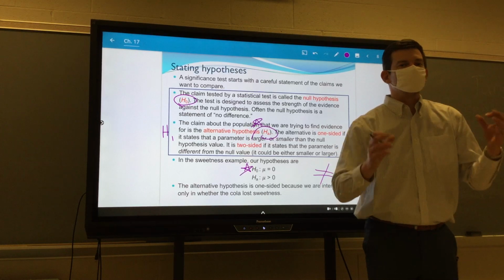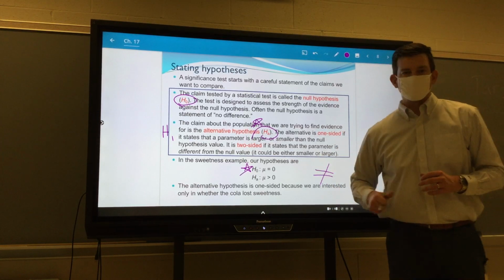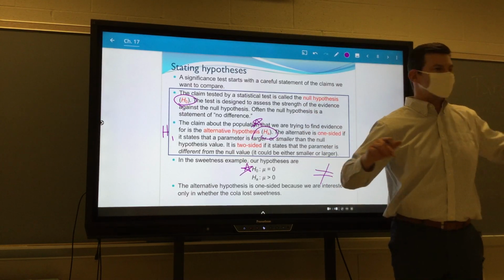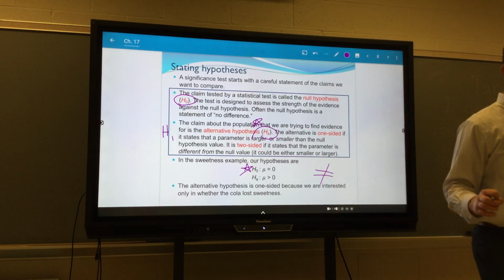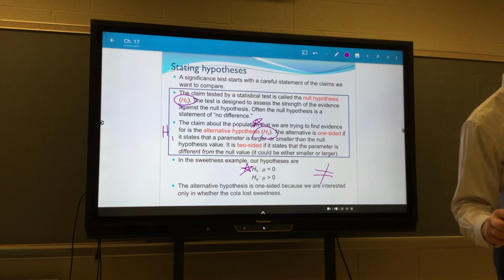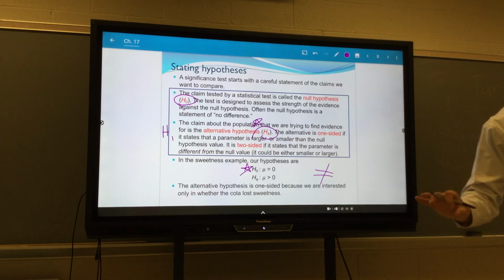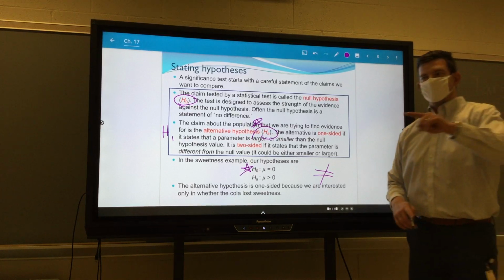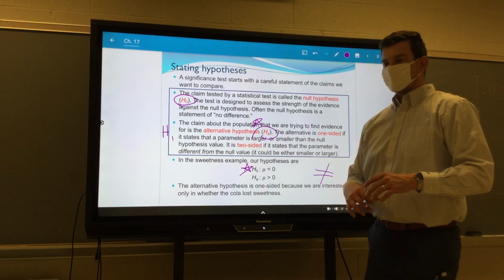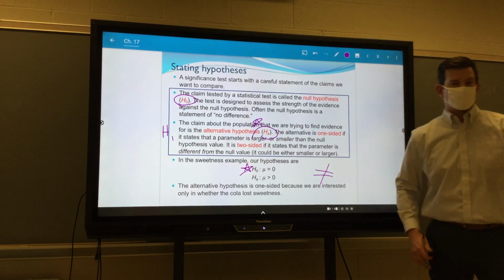Okay? There's a difference between no change and change in either direction. That would have been a two-sided alternative hypothesis. Okay? Now, at the moment, it doesn't really matter much, but in a couple steps, it will matter in terms of how likely or unlikely something is.